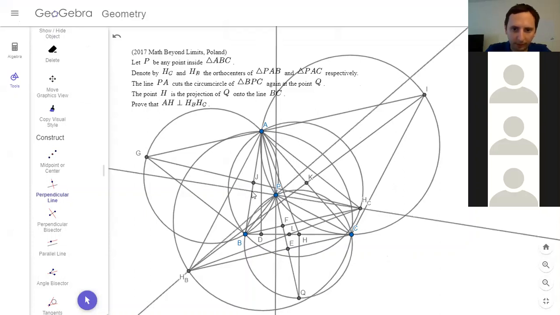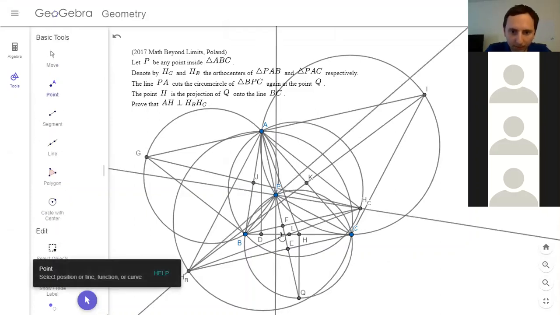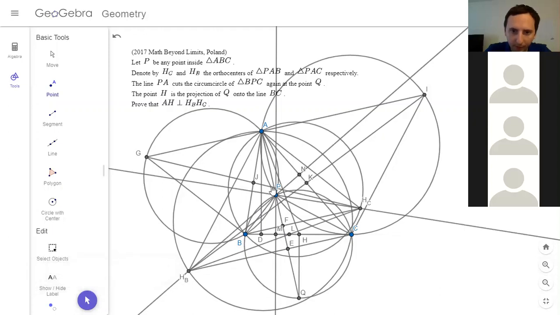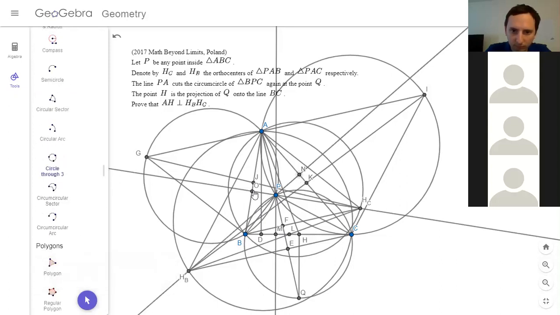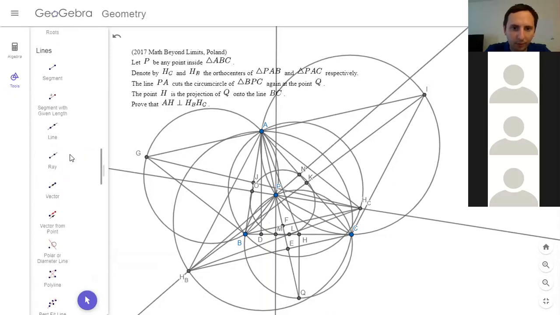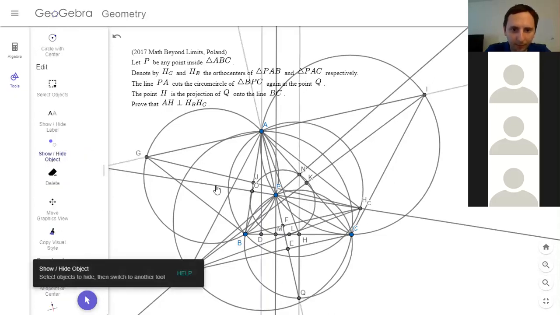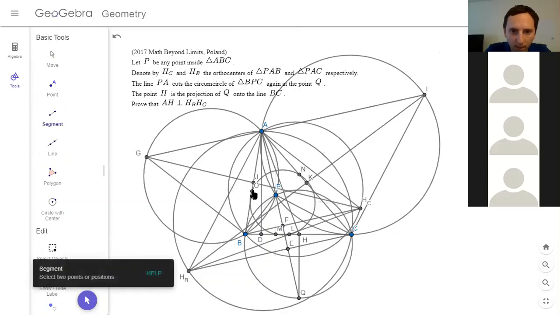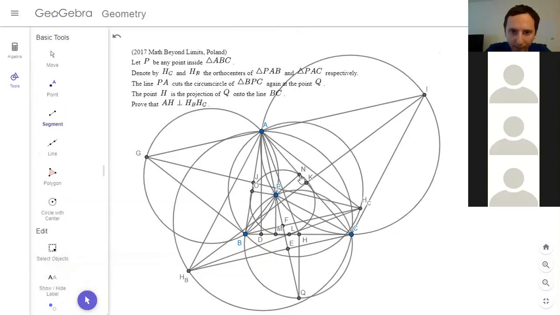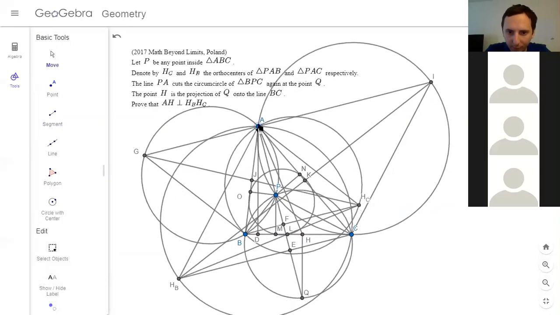So I'm going to draw the pedal circle of P. And, oh, I wonder if L lies on that circle. I bet it does. So let me hide some things. But, okay, so this is the pedal circle of P. And it looks like it passes through L.